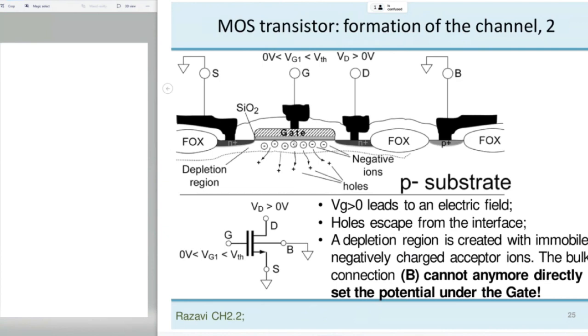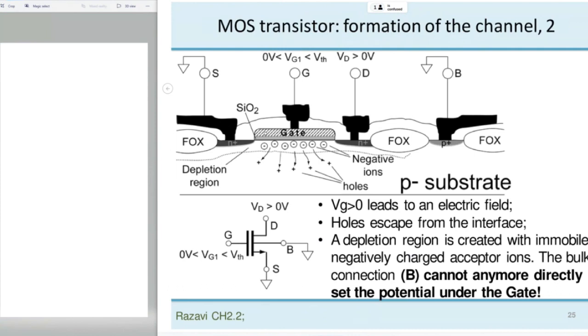And then a depletion region is created here under the gate, in which we have as charge only the negative ions, which are immobile. So we don't have any mobile carriers, because the mobile carriers, the holes, are chased away from the interface. However, there is still no channel.